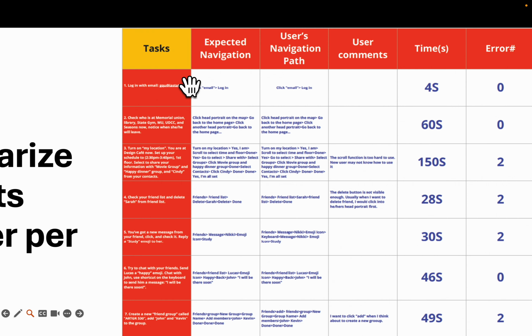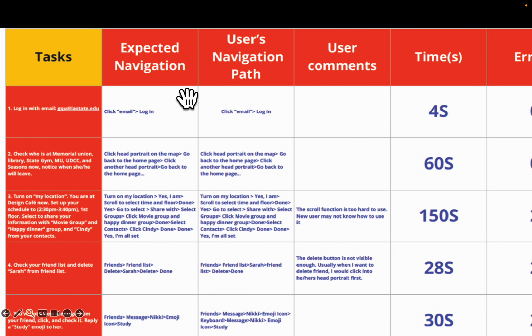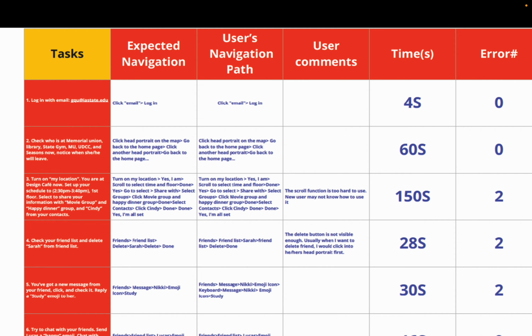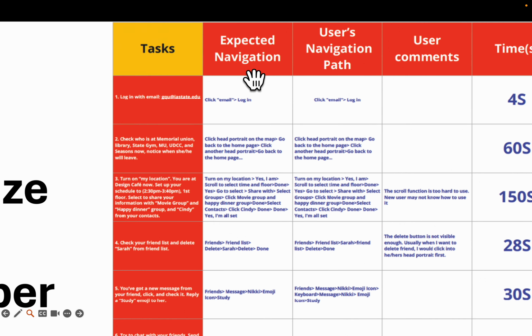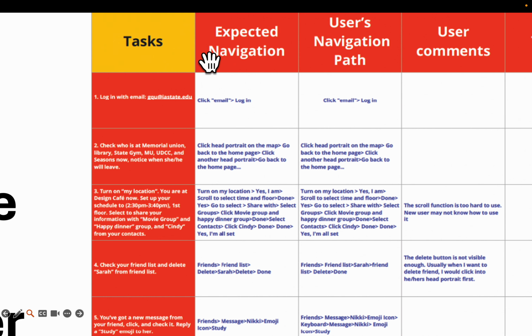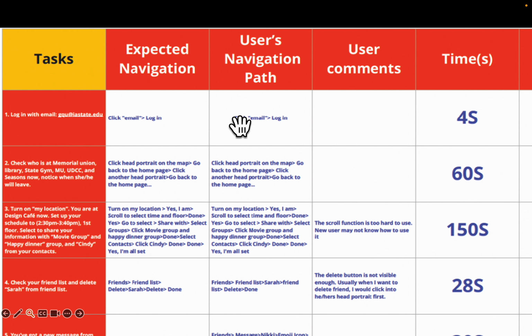And for each of your tasks, according to the recordings, you are going to write about what's the expected navigation of this task. So what kind of navigation you designed and what's the user's navigation path.